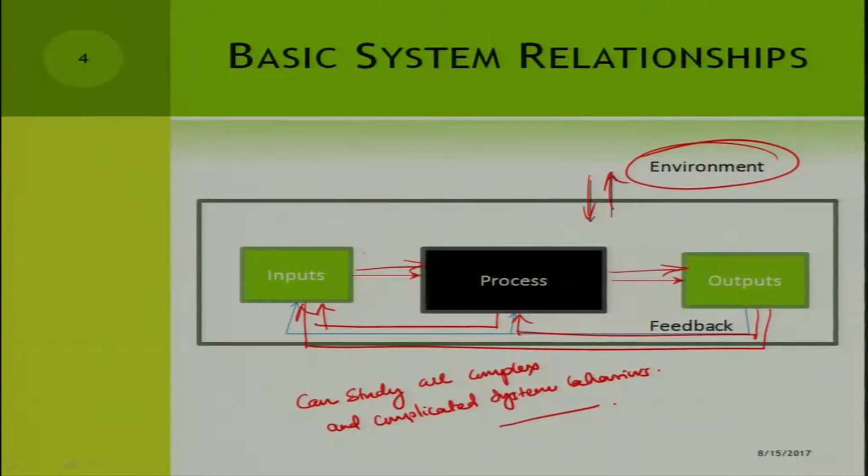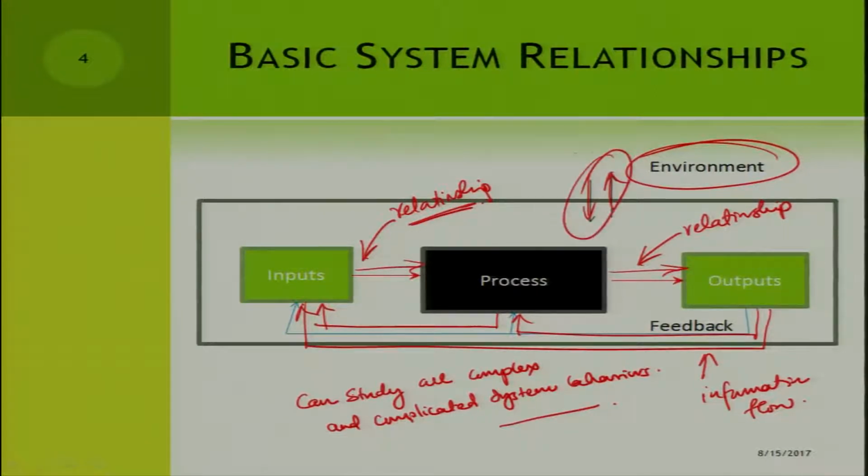Here we can study the relationships of input and the process. Here is the relationship of the output and the process. Here is the information relationship: how does the information flow happen, and how does the system deal with the environment. Here is another relationship: the environment, how does it behave. These different relationships can be studied very well using the simulation system.